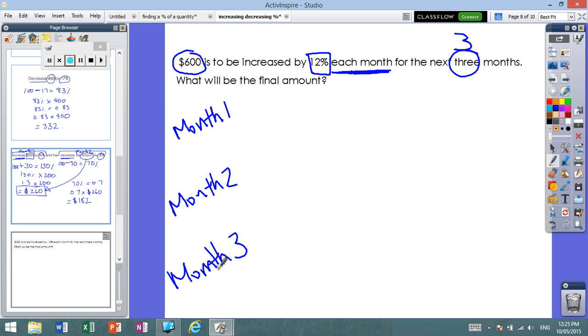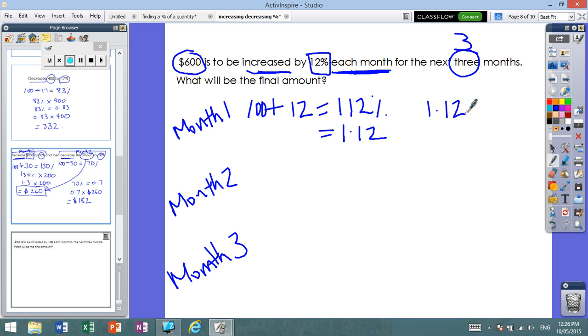Okay, we're increasing, so that's a plus. And how much by? 12. So we're going up by 112% each time, and that's the equivalent of 1.12 as a decimal. So 1.12 times, what's our amount? Here it is here, 600.